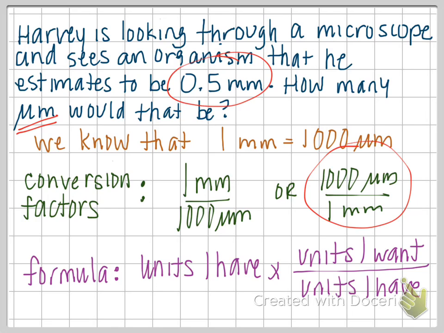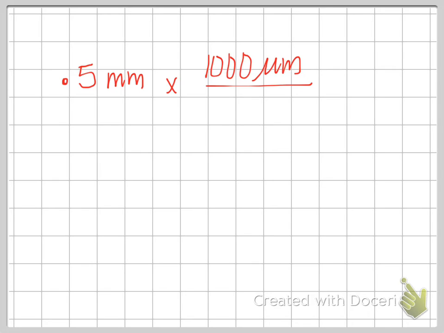So it's going to be 0.5 millimeters times 1,000 micrometers over 1 millimeter, and the millimeters are going to cancel out, and 0.5 times 1,000 is equal to 500 micrometers.